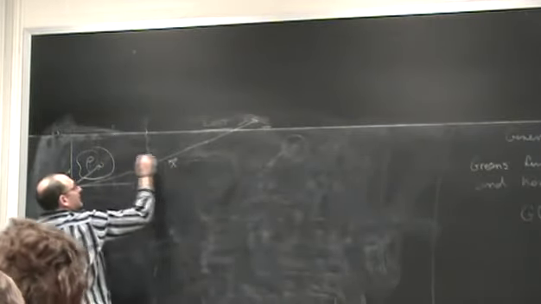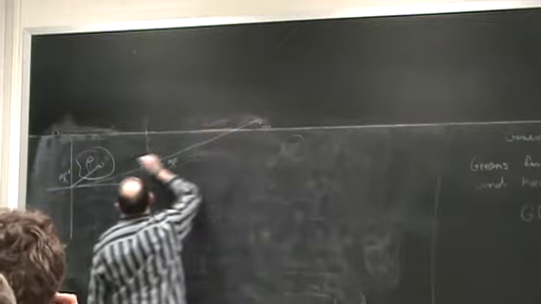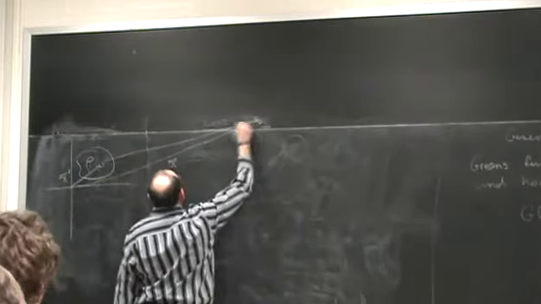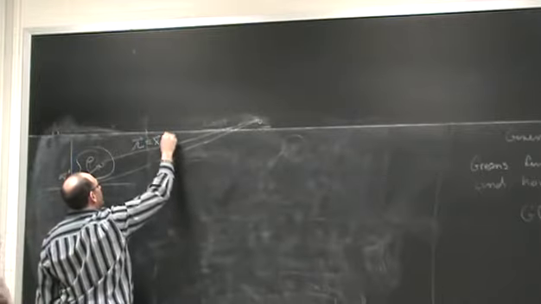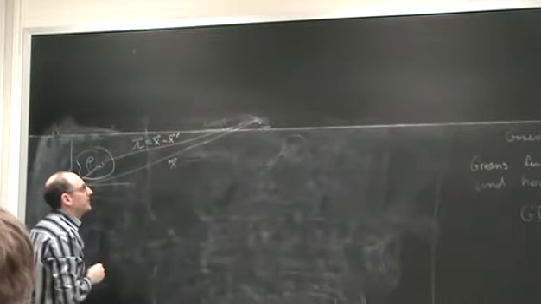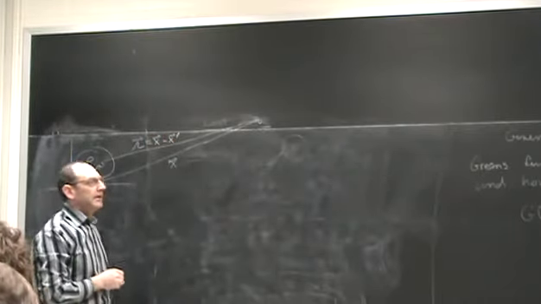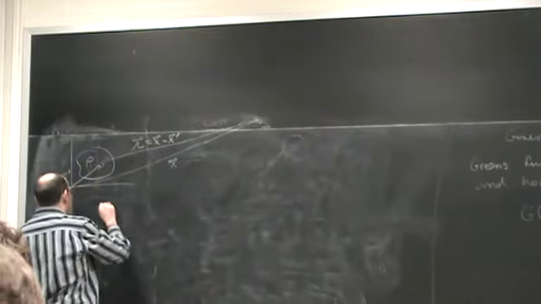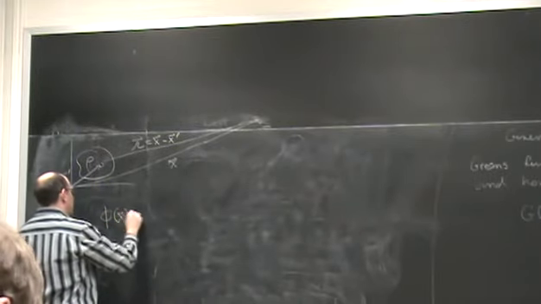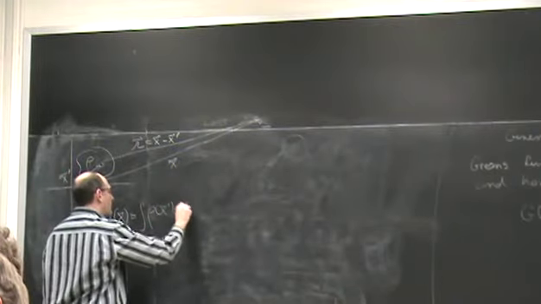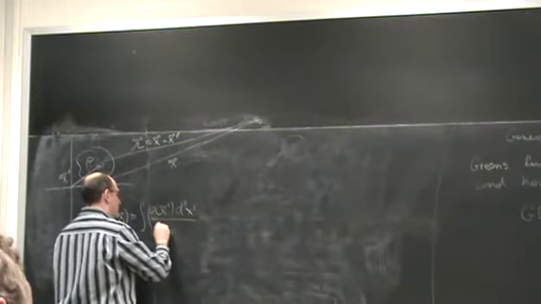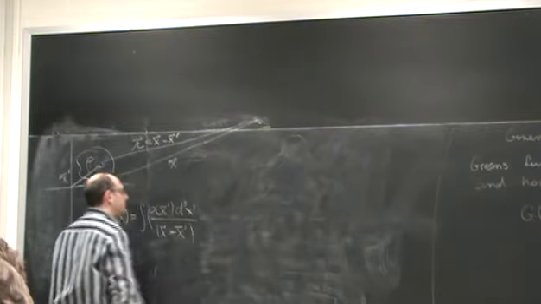And we have some distance, script r, between the point of observation and the point of the source. Okay? And we have the general expression for the potential.